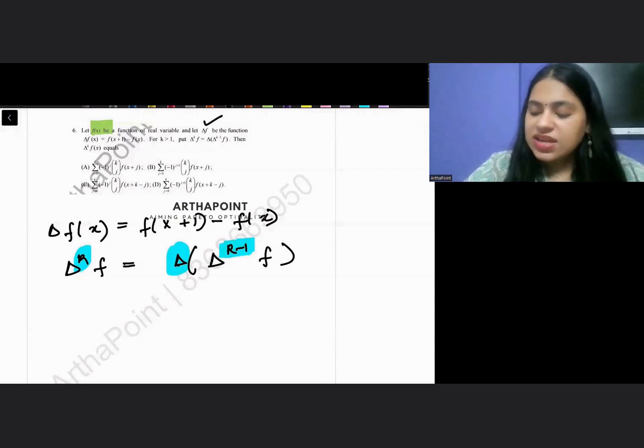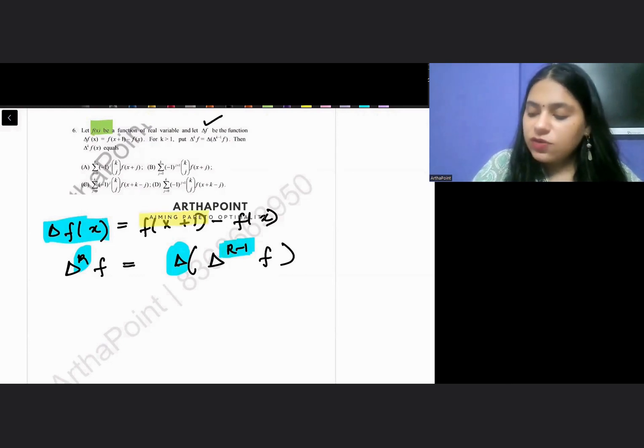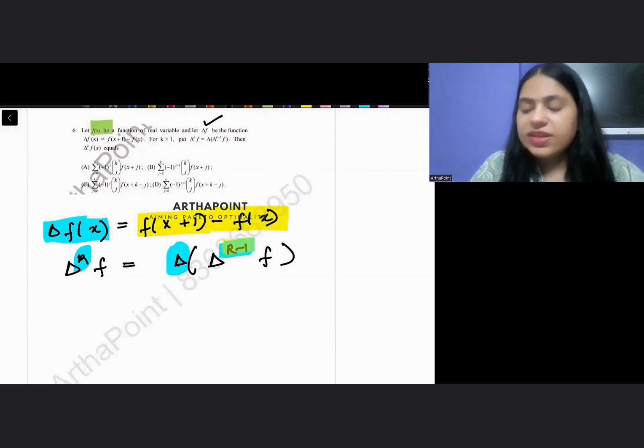So it is telling us that when you have to find the derivative of this number, actually if you see, this is just the meaning of derivative also, that you're finding the value of the function at x plus 1 and then you're subtracting the value of the function at x, right? And here you're finding the k minus 1th derivative, and then again you're differentiating it to get the kth derivative.